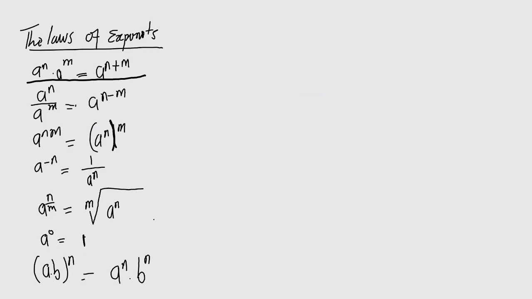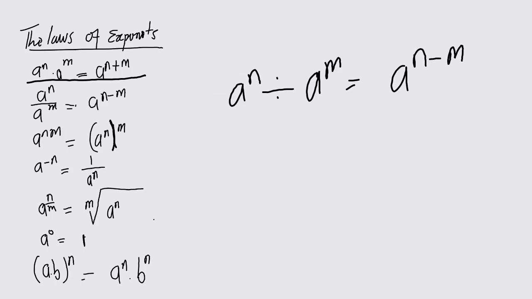I want you to understand something, because this is just a law, and it's very important for you to understand the law, because this is how it is. You cannot change it.